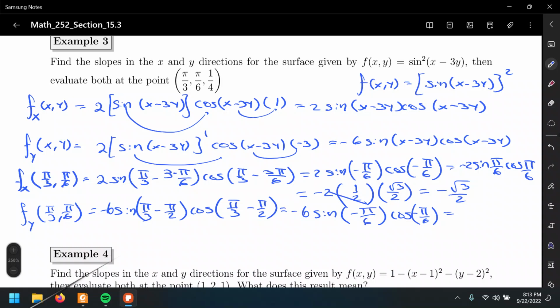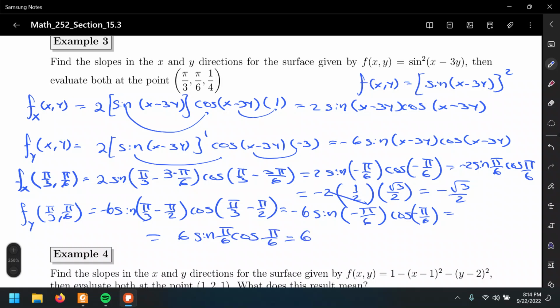So that's negative 6. Actually, the oddness of sine makes the negative go outside to multiply with the minus. See what I'm saying here? That's going to become positive 6 sine pi over 6 cosine pi over 6.